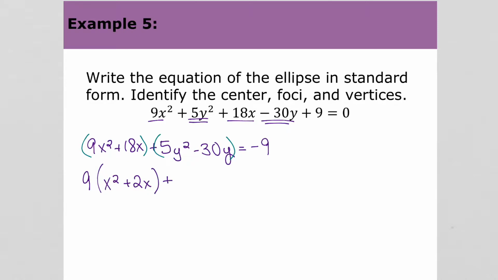Out of the y pair, we can factor out a 5. And we still got our -9 sitting over on the other side. Okay, so the next step is this. We have to, guess what? Complete the square.